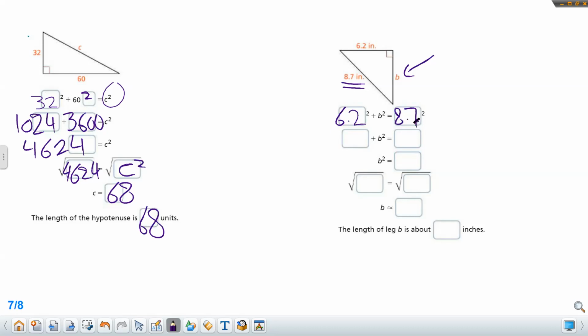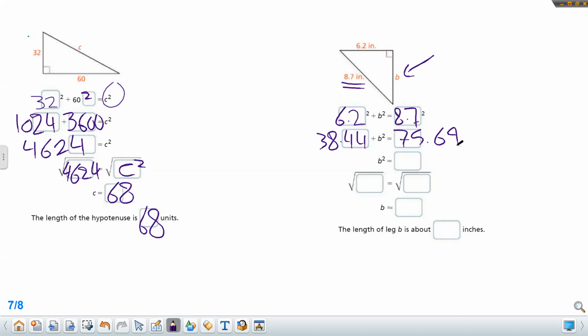Then you can evaluate 6.2 power 2, it will be 38.44. But 8.7 power 2 will be 75.69, sorry, 75.69.